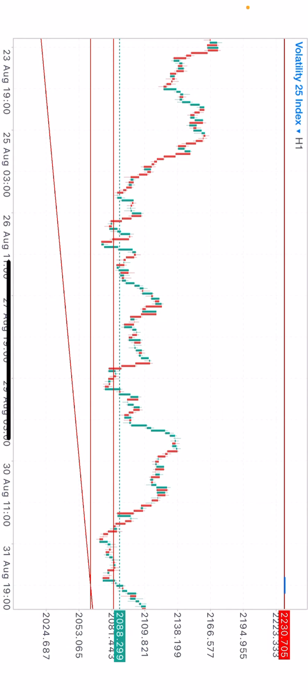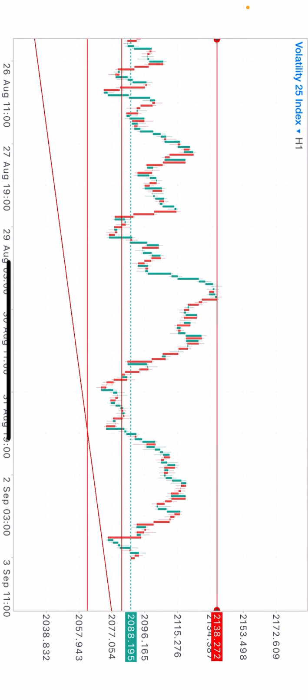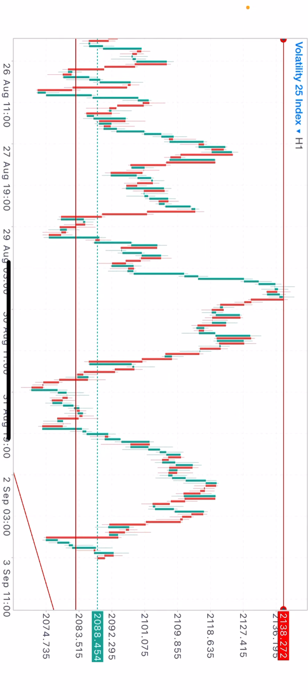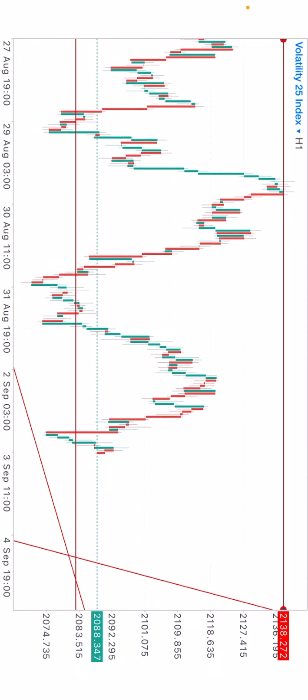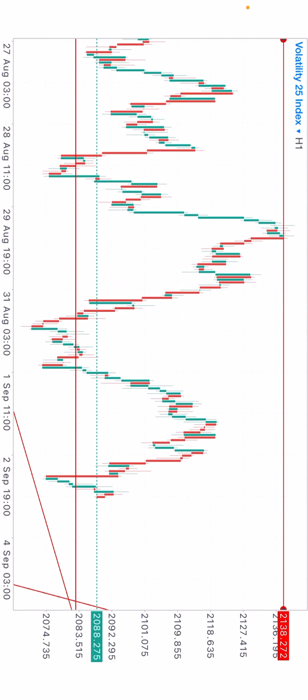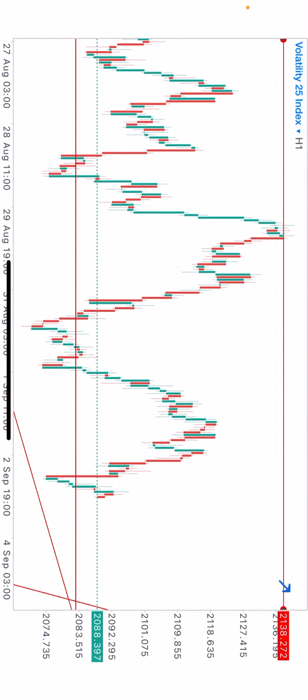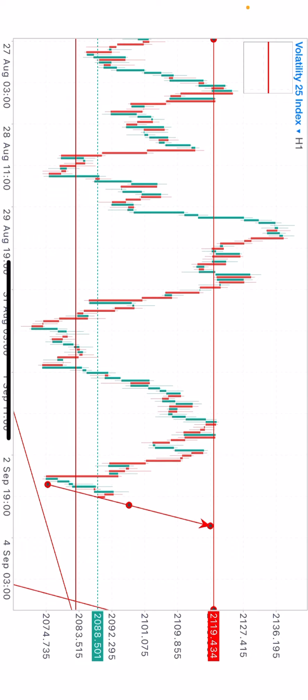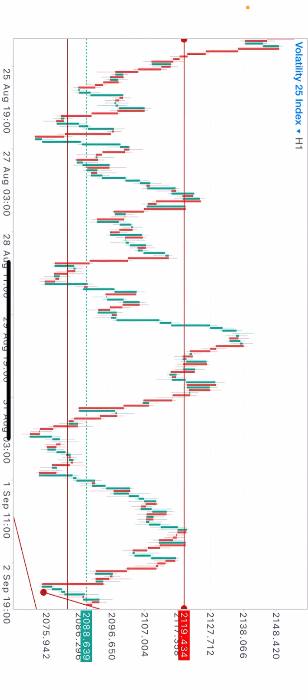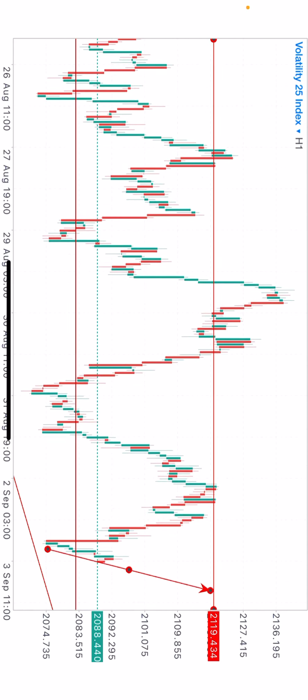Okay, you can also see that we have another resistance point here. So price was consolidating within this region. There's a lot of consolidation from the market, but nonetheless we are still getting those bullish movements. It can either be here. I think here is even more perfect because we have got the most number of touches at that zone.